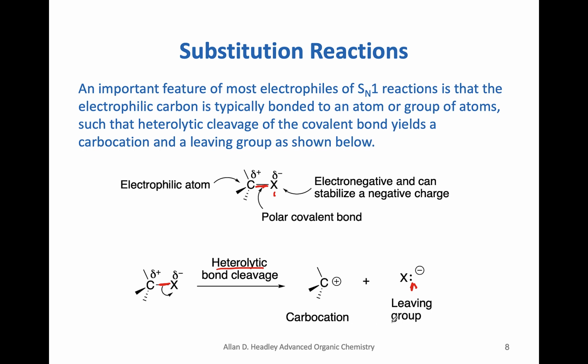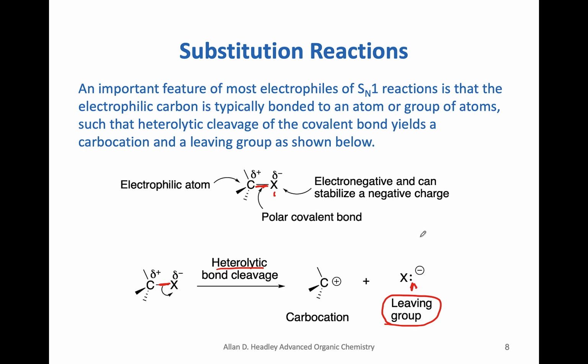and forming a carbocation. I should point out here though that if it's a good leaving group, it is also a very stable conjugate base. So good leaving groups are stable conjugate bases. Of course, you will recall from last lecture that a stable or weak conjugate base comes from a strong acid.